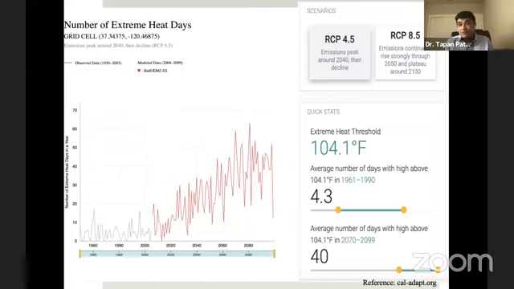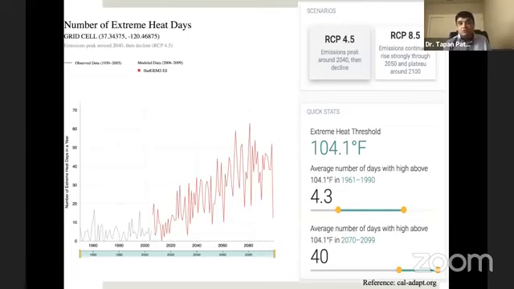As opposed to that, in the future under a low emission scenario, RCP 4.5, which tells us that if we are very aggressive with our greenhouse gas mitigation planning, that's the pathway we are taking, even under that optimistic scenario we are going to get 40 days when temperature exceeds 104 degrees by 2070 to 2099.